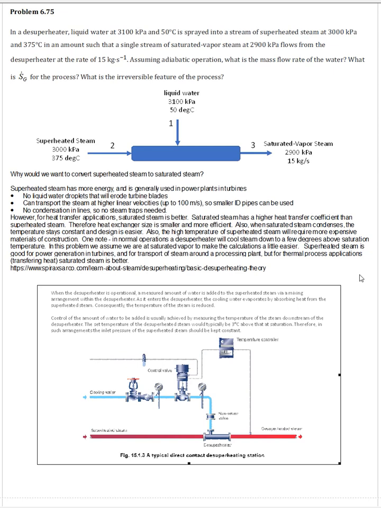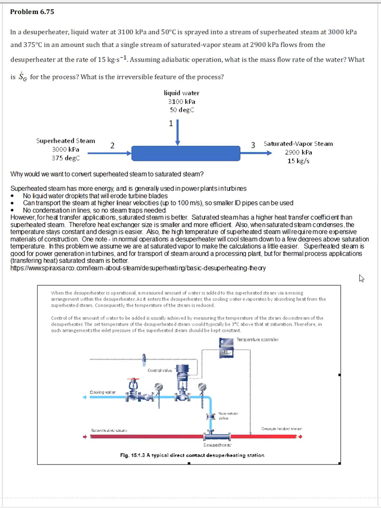Another reason why superheated steam is used is simply for transport through pipes. Superheated steam is going to be less dense. It can be transported at much higher velocities through pipes, and so what that also means is that to get the same amount of steam from one place to the next, you could also use smaller inner diameter pipes, so cheaper materials, or at least less material, I should say, to transport the steam.